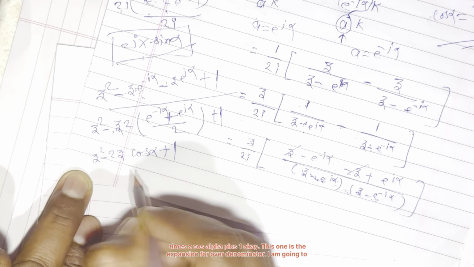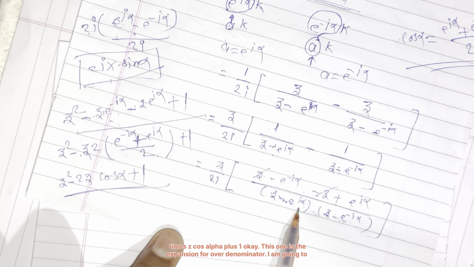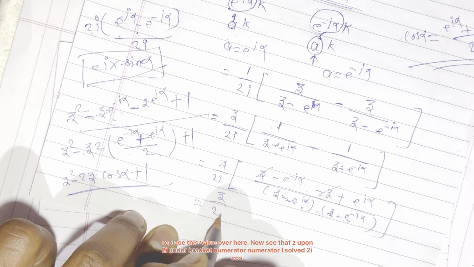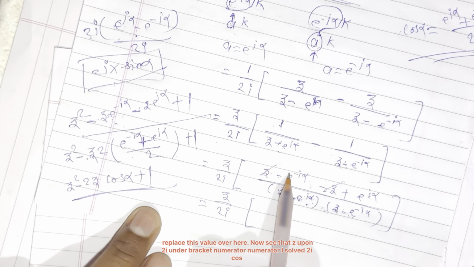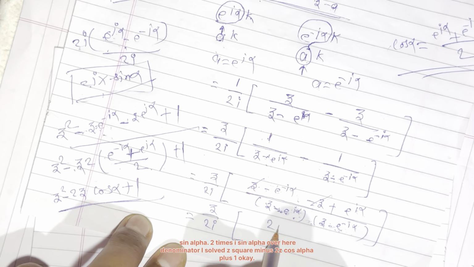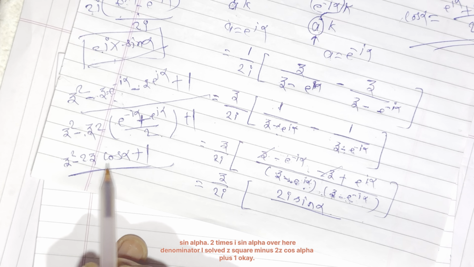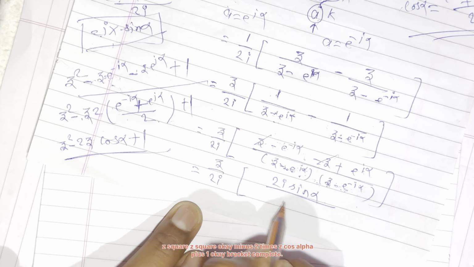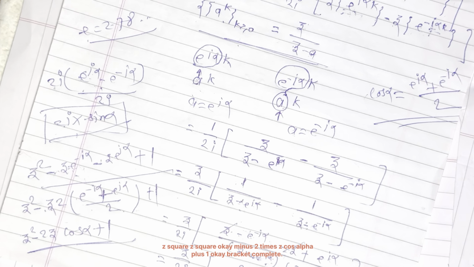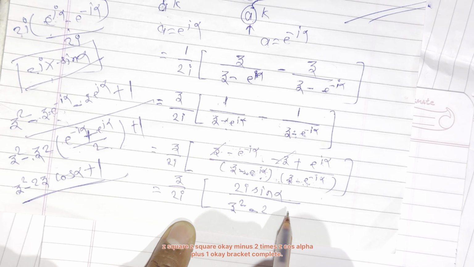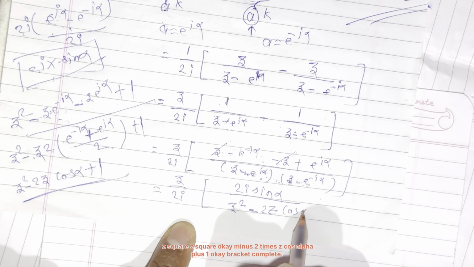So z square minus 2 times z cos alpha plus 1. This is the expansion for our denominator. I'm going to replace this value over here. Now see that z upon 2i, under the bracket, the numerator I solved as 2 times I sine alpha, and the denominator I solved as z square minus 2 times z cos alpha plus 1.